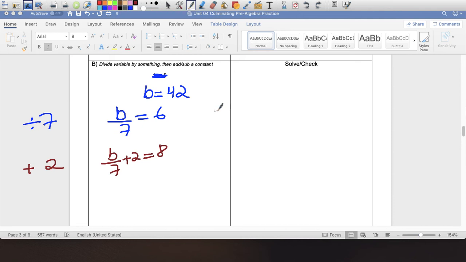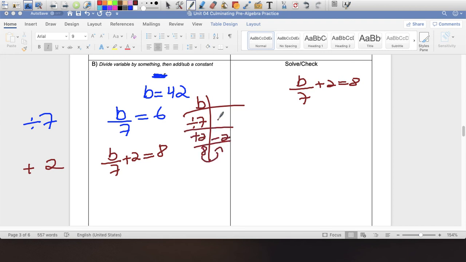Make your story, right? Because we want to solve and check. So b over 7 plus 2 equals 8. Our story says that you have a variable b, which is being divided by 7, plus 2 equals 8. Going backwards is minus 2, and then times 7. So first thing we do is minus 2 over here, minus 2 over here.